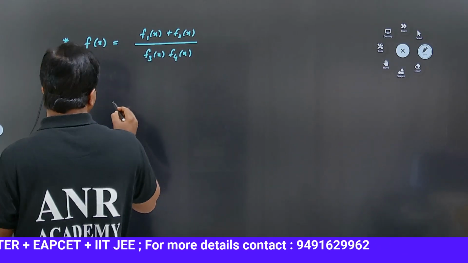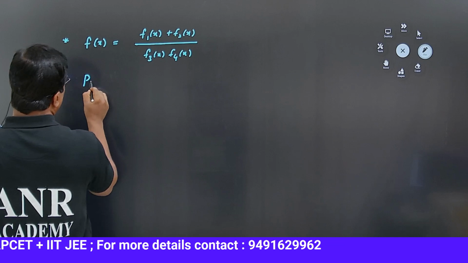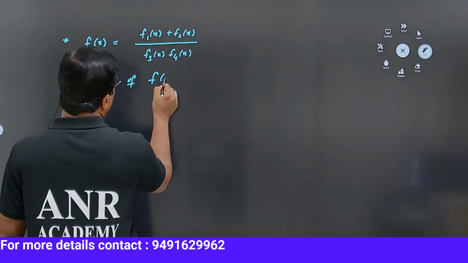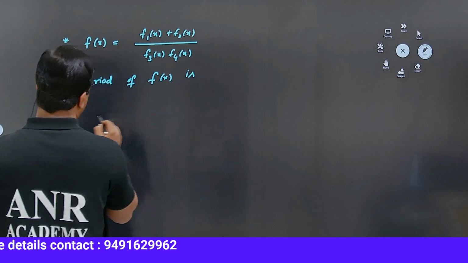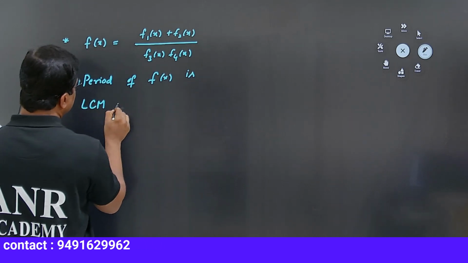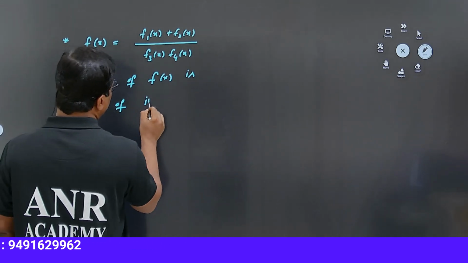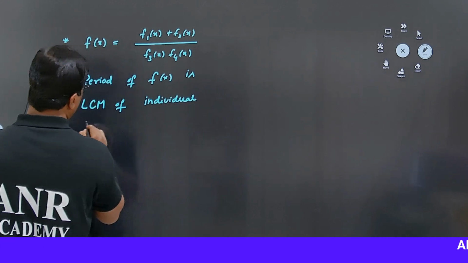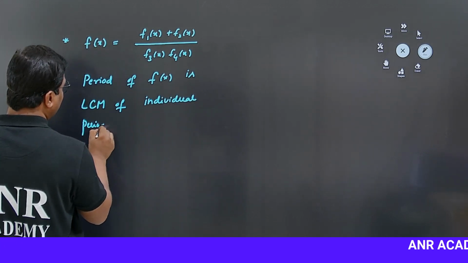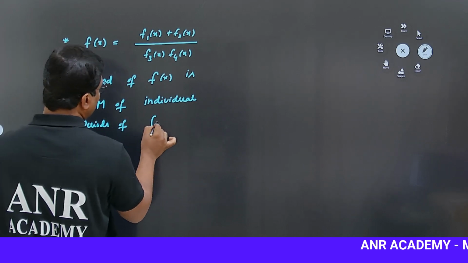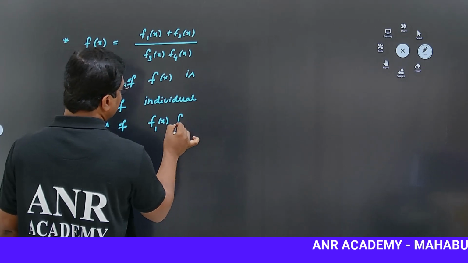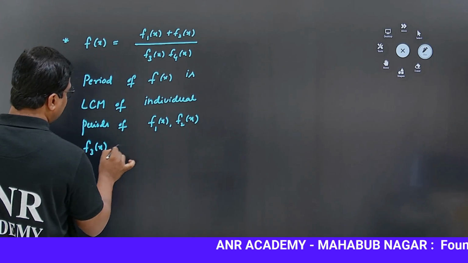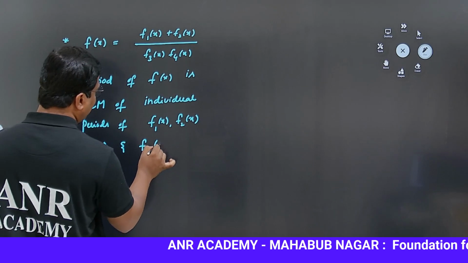Then the period of f of x is the LCM of the individual periods of the given f1 of x, f2 of x, f3 of x and f4 of x.